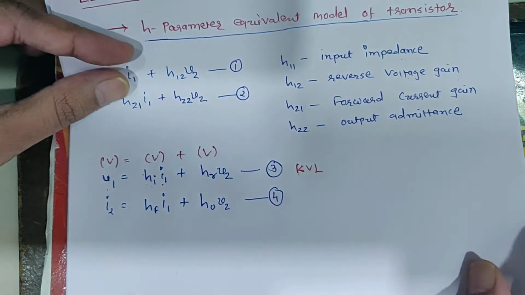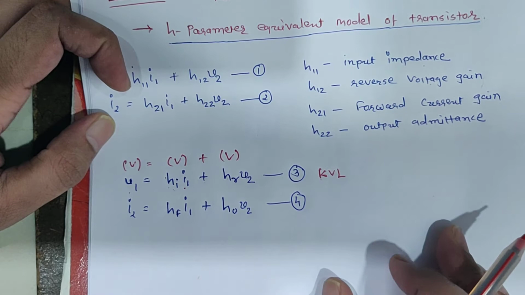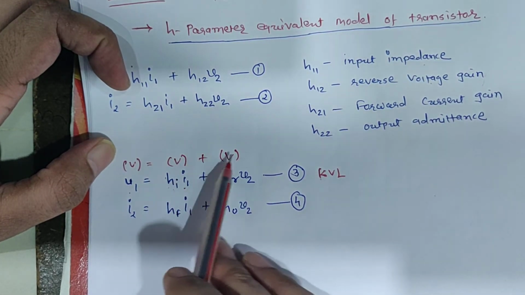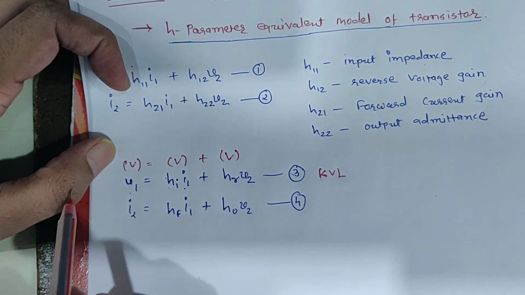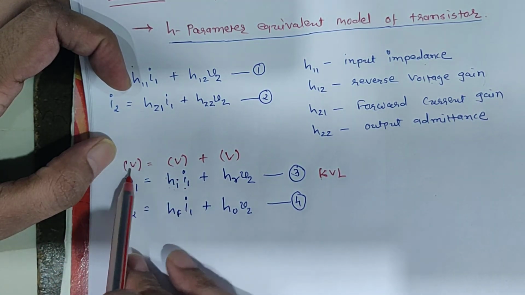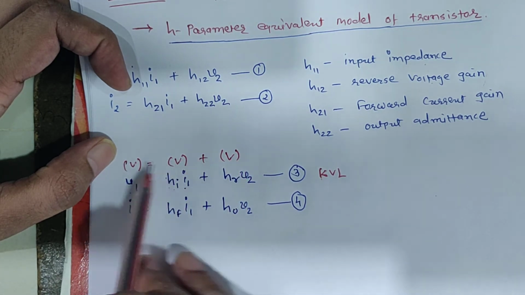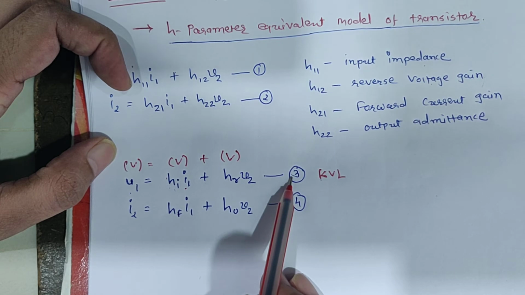As we know, the KVL equation says the sum of all voltage drops is equal to the sum of all voltage sources applied to the loop. So V is equal to V plus V. That means it is completely a KVL equation.